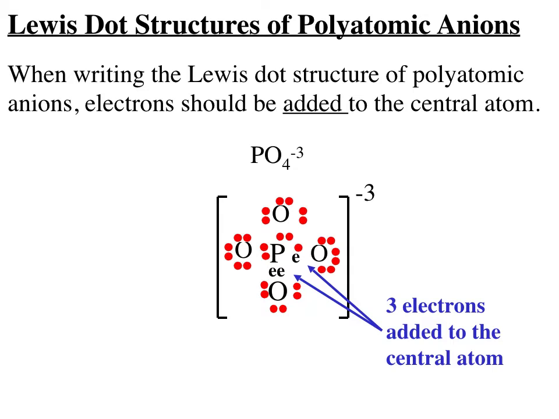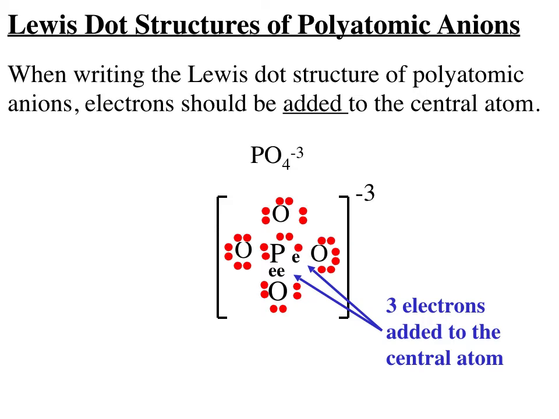The next thing we should keep in mind is that every atom should demonstrate a complete octet, which they do, and the total number of valence electrons represented in the picture should be the total number of valence electrons available in PO4 minus 3. Remember, P is a 5-dot structure plus 3 given to it from the external metal.